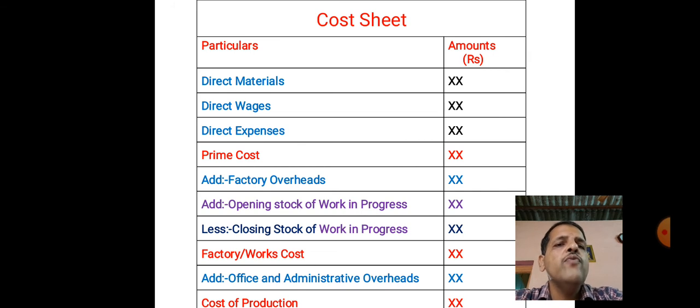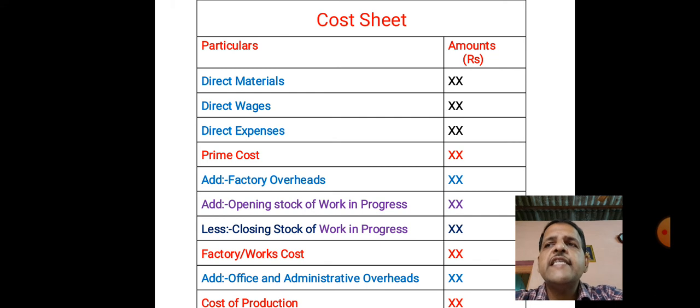Then after getting factory cost or works cost, we have to add office and administrative overheads to it, to arrive at cost of production. Now, these office and administrative overheads are nothing but normal office charges related with office of that particular organization related with this particular product preparation. Which are they?